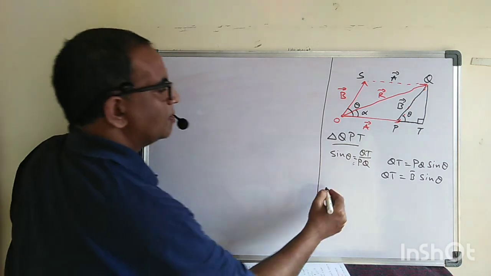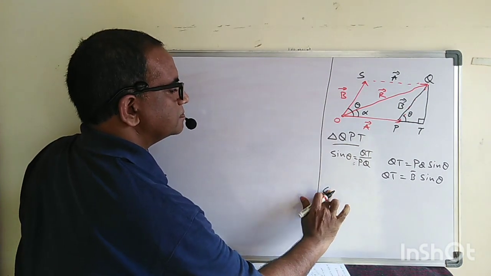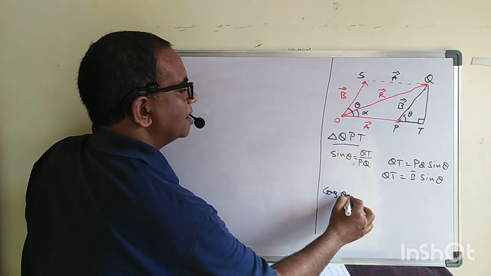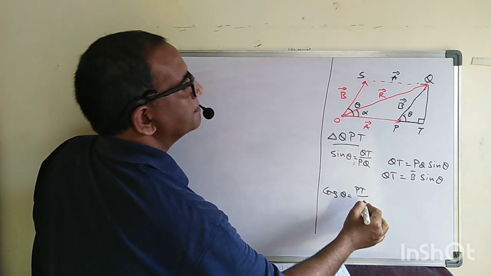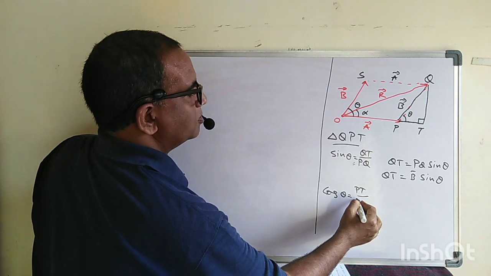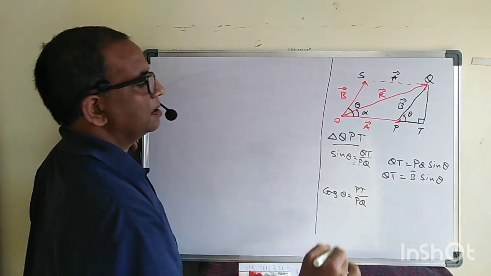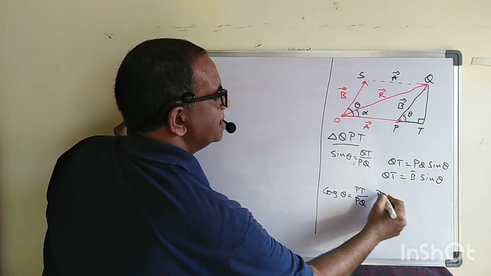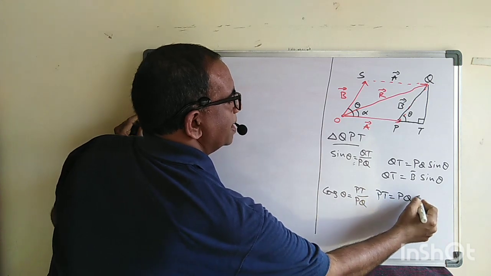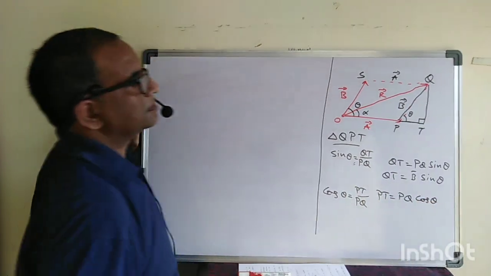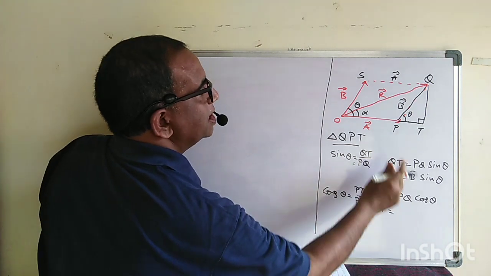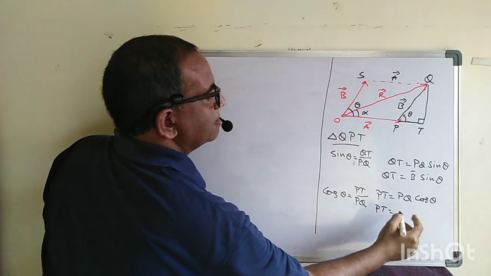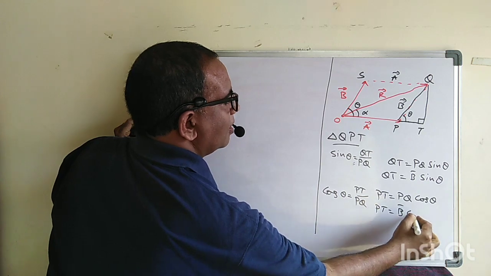Then similarly, what is cos theta here? Cos theta is equal to PT by PQ. Therefore PT is equal to PQ cos theta. PQ is nothing but B, therefore PT is B cos theta.